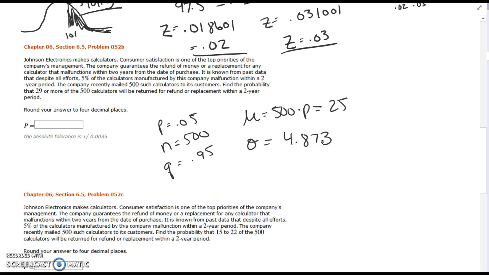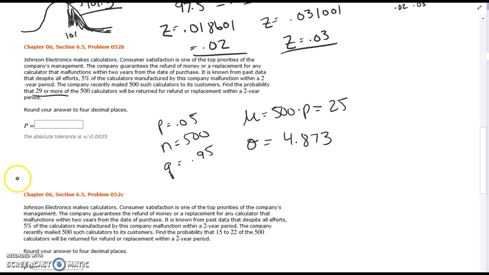We have to make the correction for continuity. In this case, we want to find the probability that 29 or more of the 500 calculators will be returned.